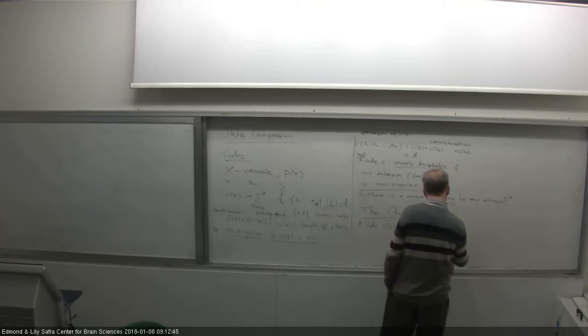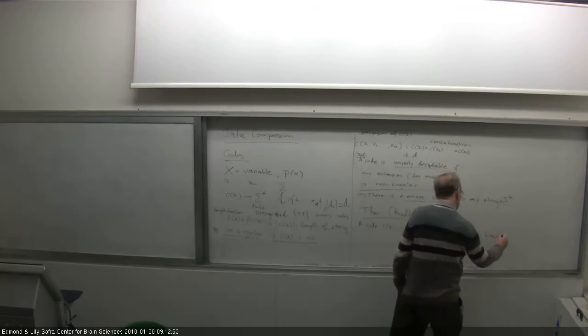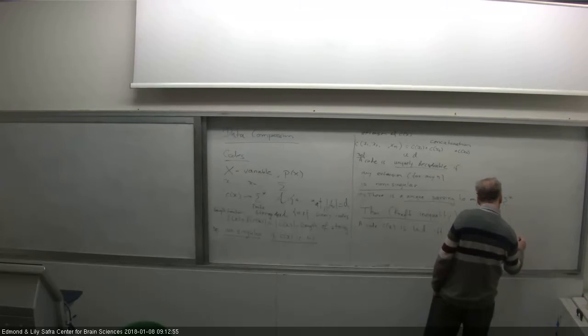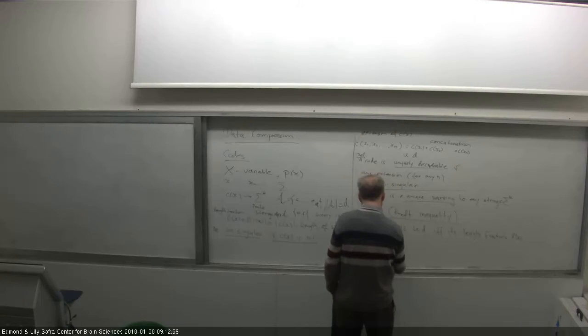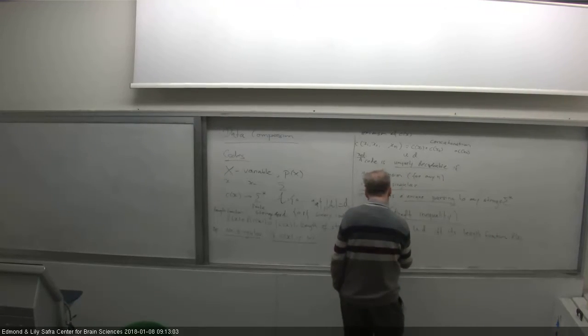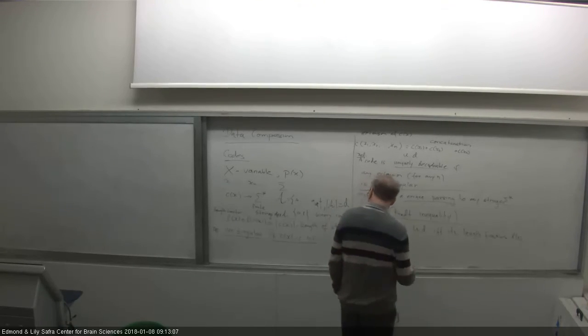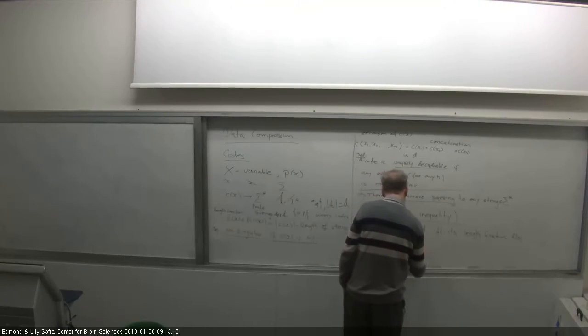its length function L(x) obeys this: the sum over all possible x of D to the minus L(x), where D is the dimension of the alphabet, is less than or equal to 1.